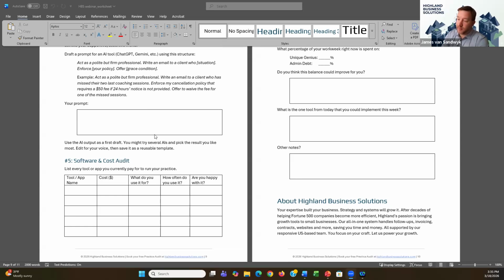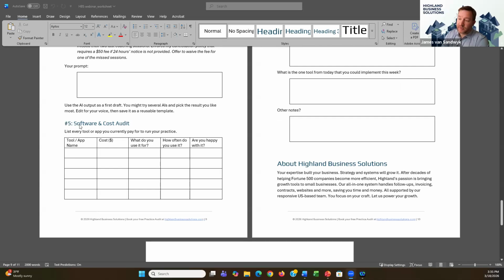Much simpler practice. And then section 5 here is the software and cost audit that we mentioned, where it forces you to look at what tools you actually use, what tools you're paying for, and how much they're costing you.